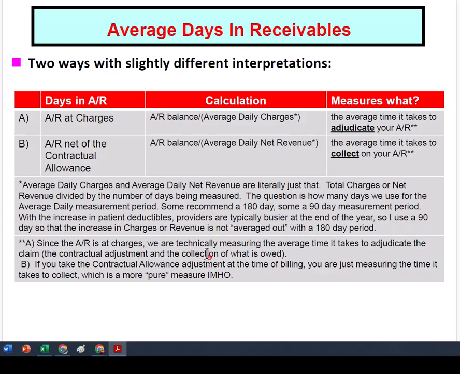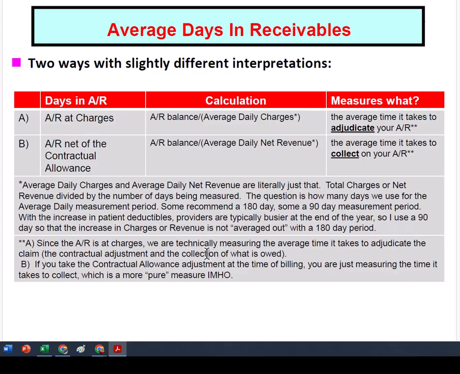A little pedantic here. If your AR is at charges, technically we're measuring the time it takes to adjudicate, which is the contractual adjustment and the collection of what's owed. If your system has already taken the contractual allowance at time of billing, technically you're measuring the time it takes to collect.